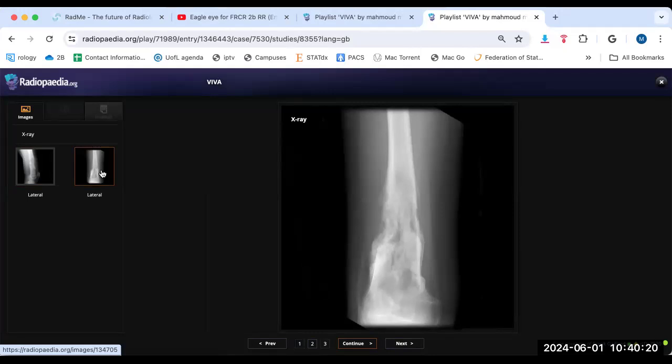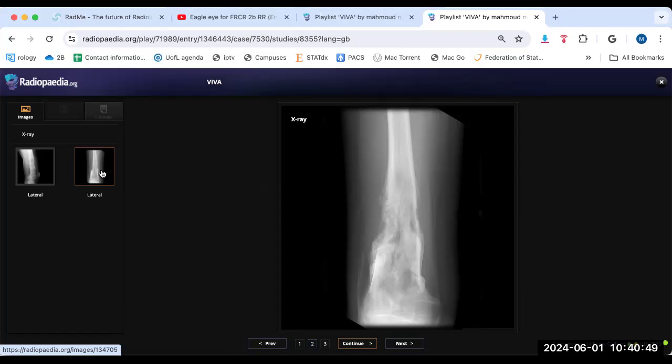I can see there is evidence of a large lesion affecting the distal part of the femur with periosteal reaction and infiltration, also vertical breach at both sides. So it is a wide zone of transition.